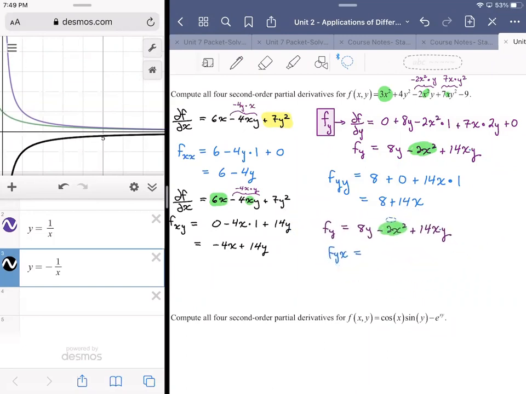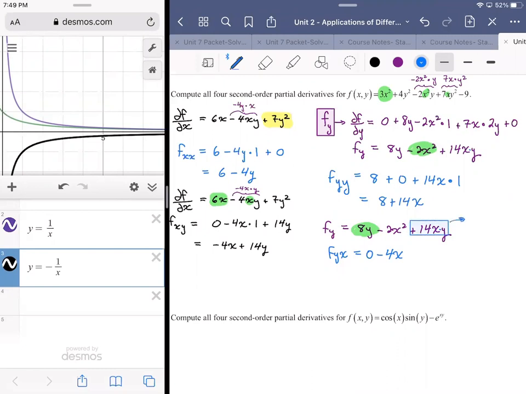We're taking the derivative of this with respect to x now, which means any instance that's solely in terms of y is going to 0. Negative 2x squared, take the derivative of that the way you normally would. Negative 4x, we're on the right track here. 14xy, we're taking the derivative of this with respect to x, which means I'm holding y constant.